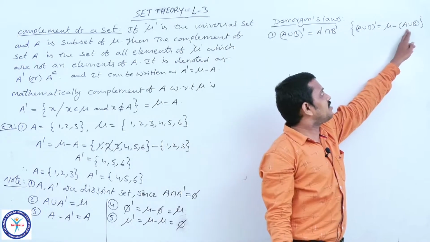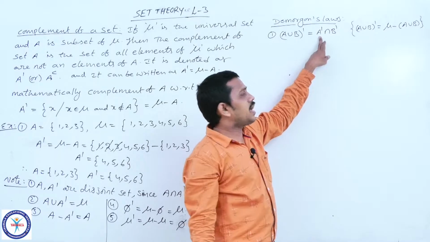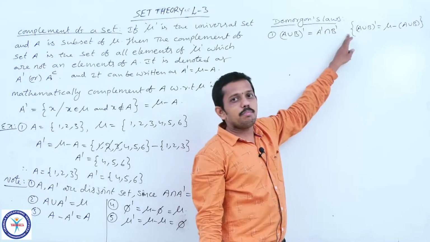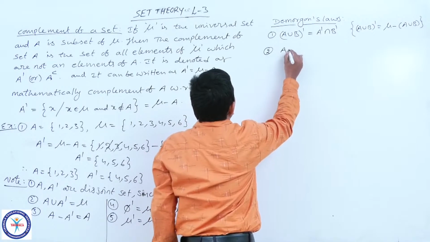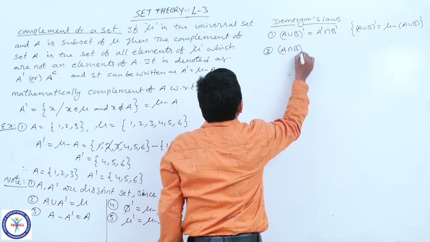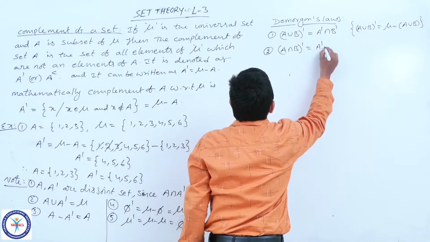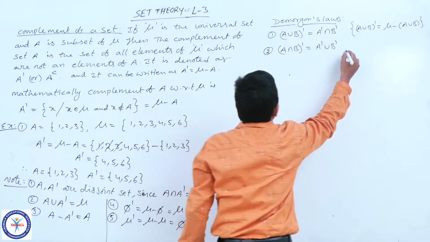Then the resultant value will be equal to A complement intersection B complement. And next one, A intersection B whole complement is equal to A complement union B complement.